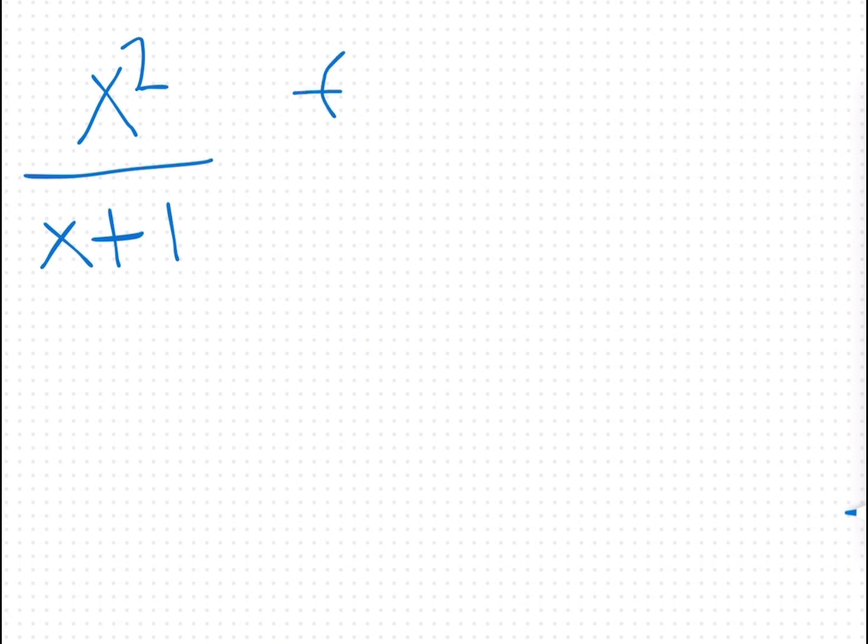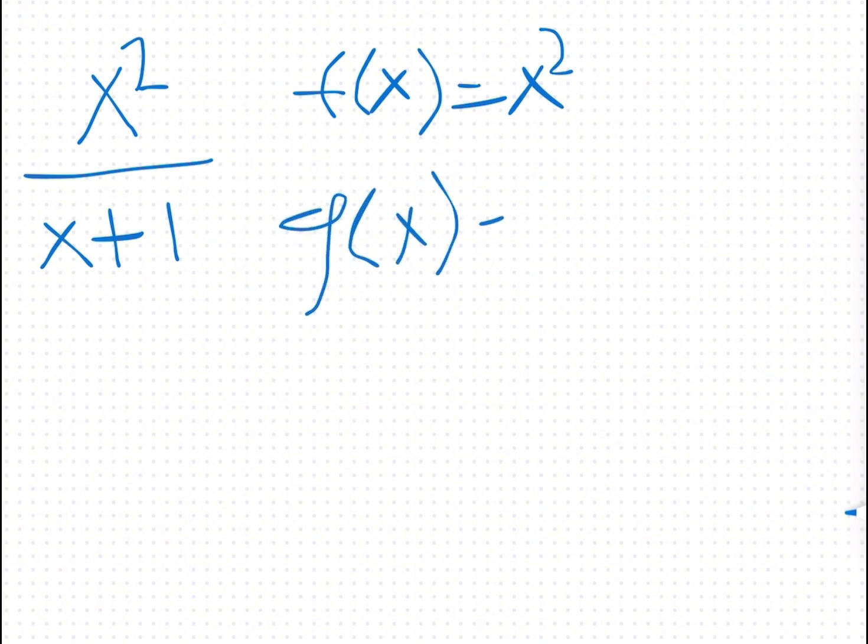So here's an example: x squared over x plus 1. Let's first identify the f of x and g of x. The f of x is equal to x squared and g of x is x plus 1.